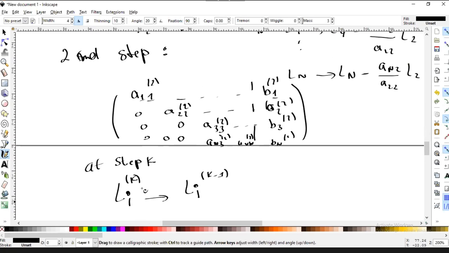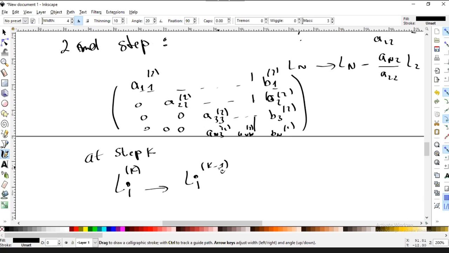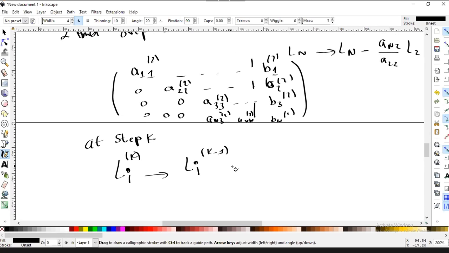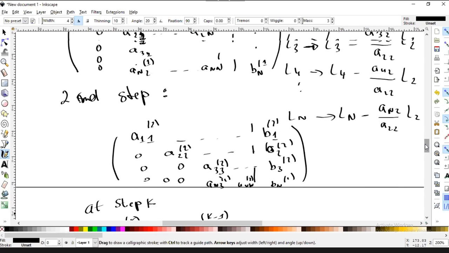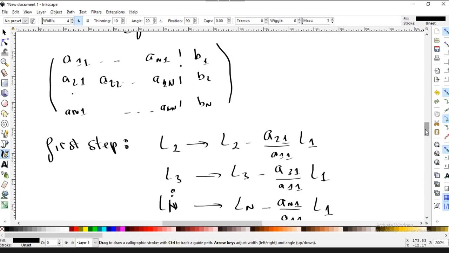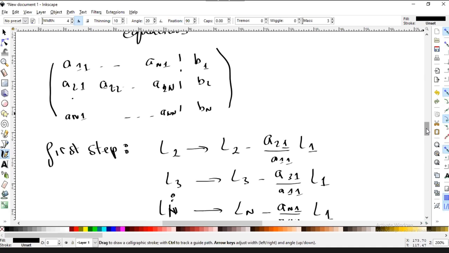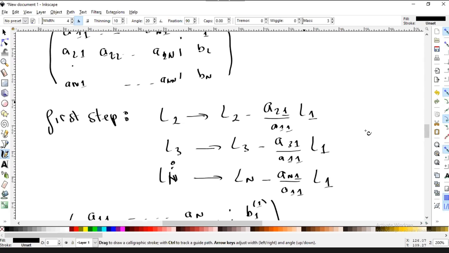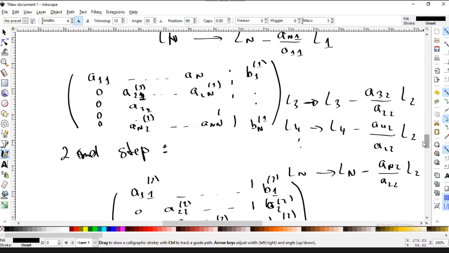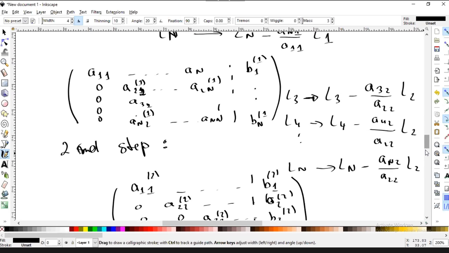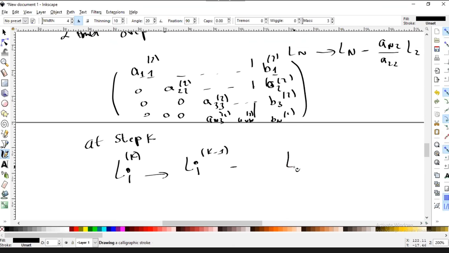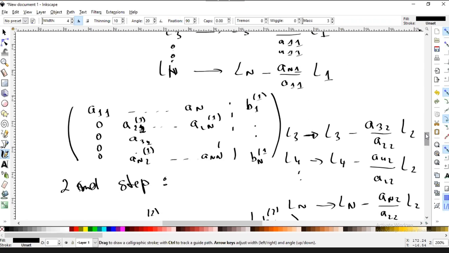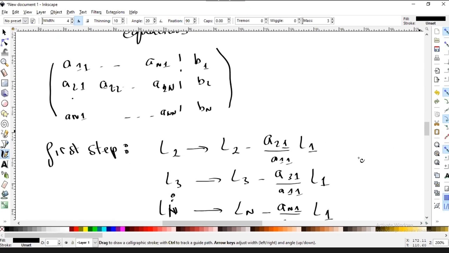Like I said, we'll not use these indexes in the programming, but this is just so you understand what we are doing. Minus, we are subtracting the line. So at the first step, we're subtracting the line L1. At the second step, we're subtracting the line L2, etc. So we are subtracting a coefficient multiplied by the line k. Right? What is this coefficient that we are subtracting?